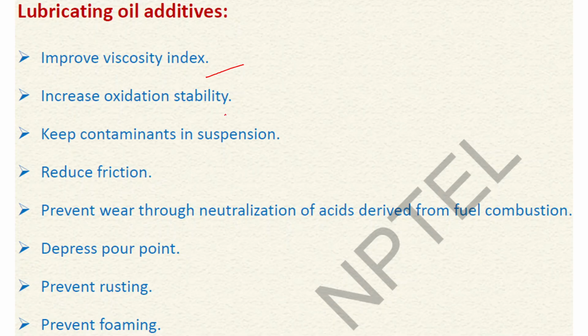To increase the oxidation stability, antioxidants are added so that they may retard the formation of hydrogen peroxide. Hydrogen peroxide in the lube oil, when it comes in contact with atmospheric air, is the main cause of the oxidation of the lube oil.